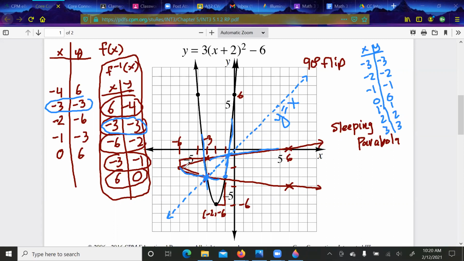I made it a little low. Oh, it didn't cross there, it crossed here. That's not part of the line of symmetry. So anytime the graph hits the line of symmetry, there's going to be another point on the other graph that goes through there.